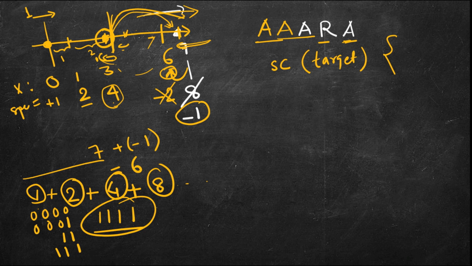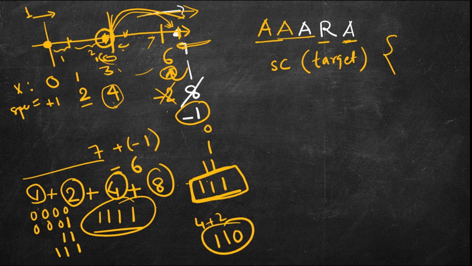That is because the positions are always in the form of all ones, like 1, 1, 1. So we are looking for 1, 1, 1, which is more than the target. In this case 6 is represented as 4 plus 2, that is 1, 1, 0. So it is 3 digits long. So after 3 steps you will overshoot it.